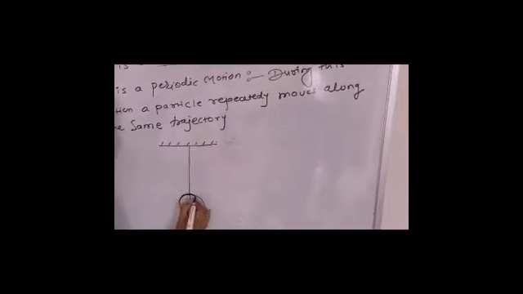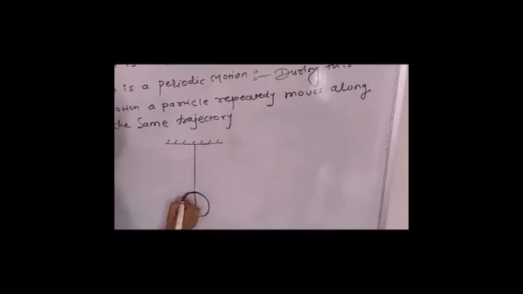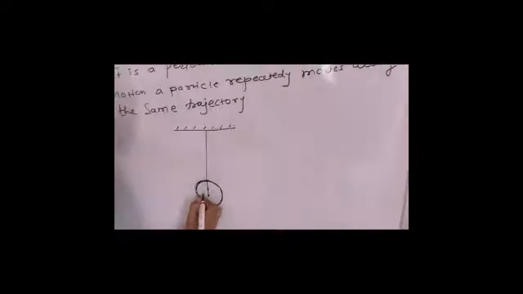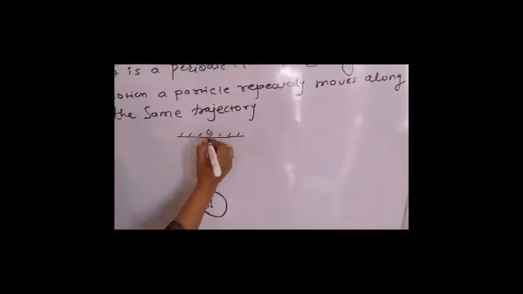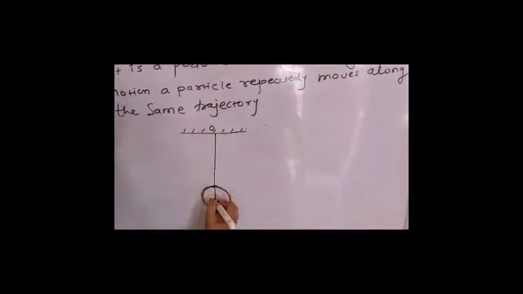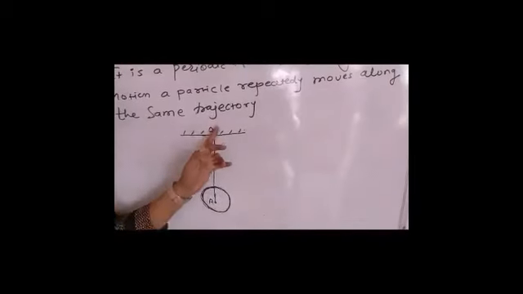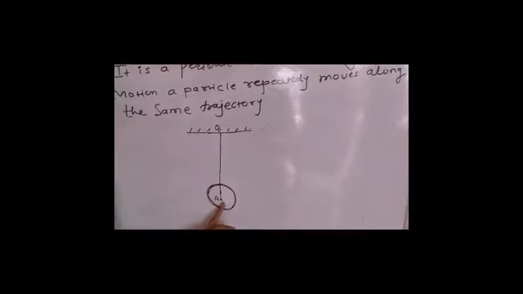This is the bob of a simple pendulum. That is also called the spherical bob. Here, this bob is suspended from this rigid support. Here, OA is the mean position of the simple pendulum.